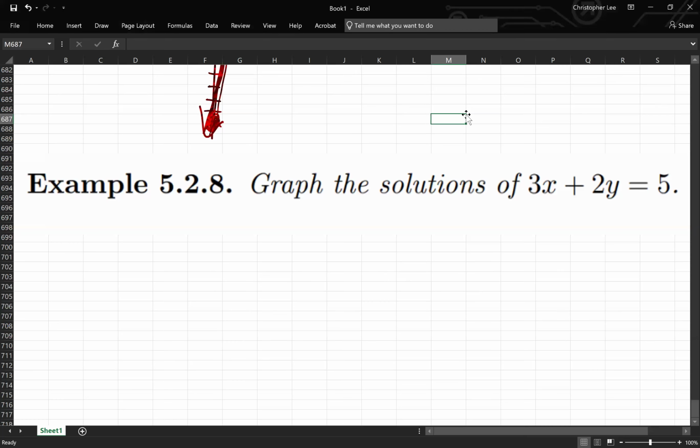You've got to solve for y, right? Good, now divide by two.